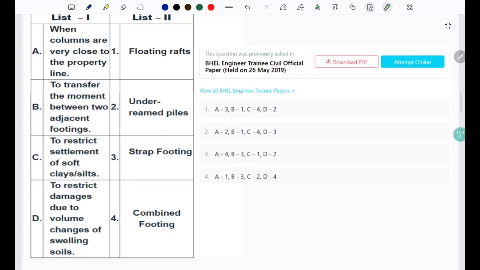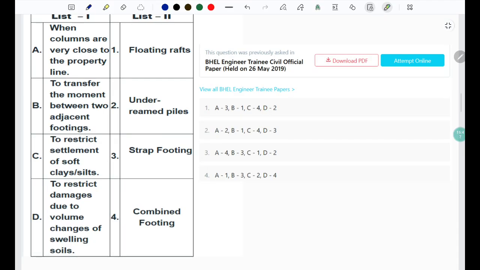Now we have to match the following. Let us see. When the columns are very close to the property line, this question is somewhat disputable, because I remember when the columns are very close to the property line, it should have gone with strap footing.